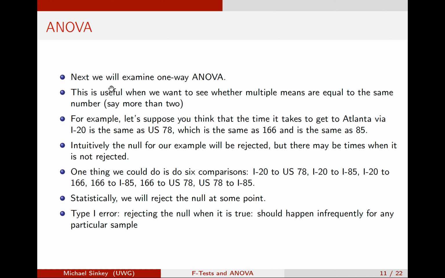I can take US 78 from Villa Rica through Douglasville into Atlanta, kind of like a Bankhead Highway. I can go through the woods past the fancy house with the water slide on 166, or I could take 16 down to Noonan and fly up on 85. I can test whether these have the same mean.